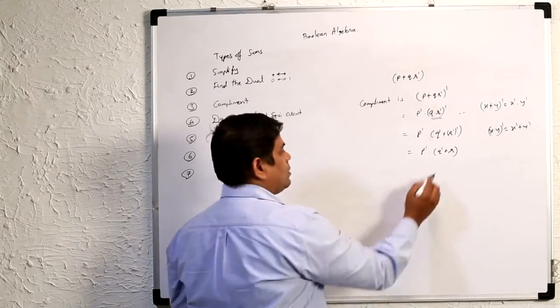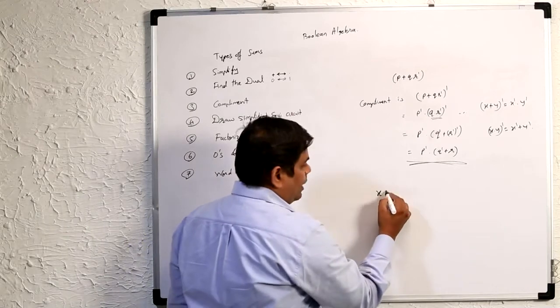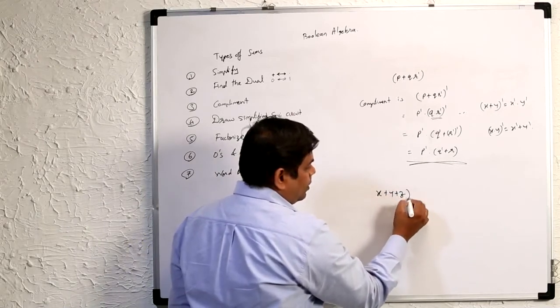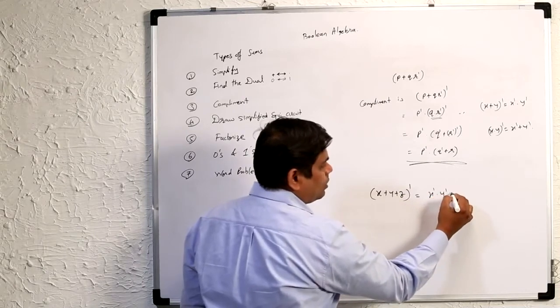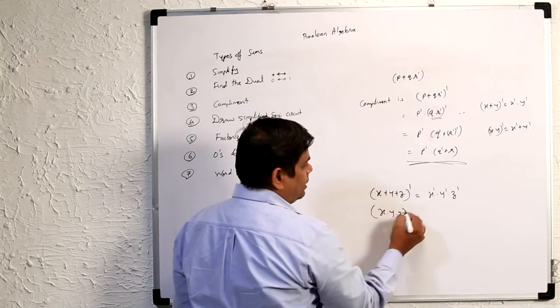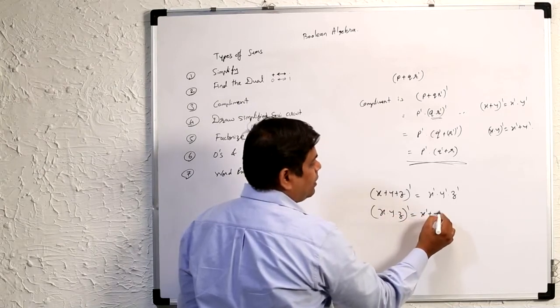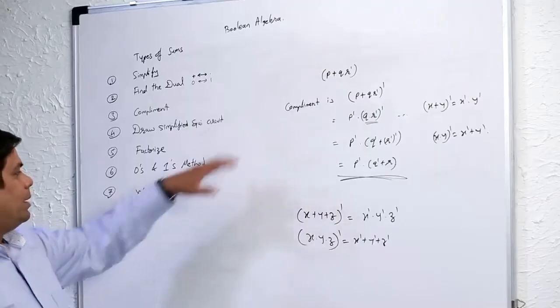Okay, so that's the final answer. One thing you must note: if you have x plus y plus z the whole dash, this can be written as x dash dot y dash dot z dash. Similarly, x dot y dot z the whole dash can be written as x dash plus y dash plus z dash. Okay, so this covers your complement types of sums.